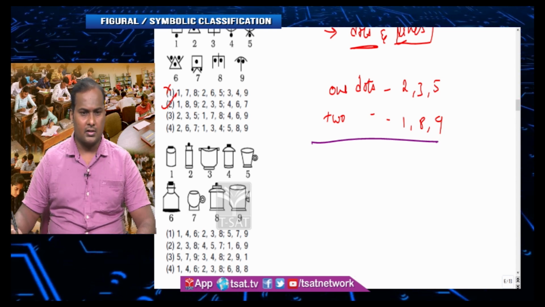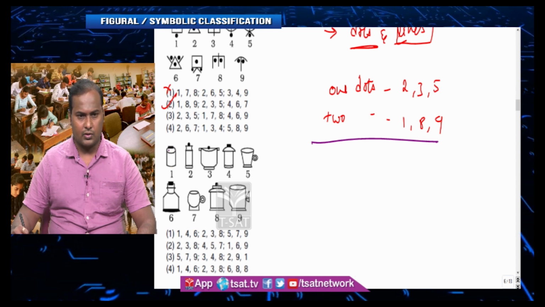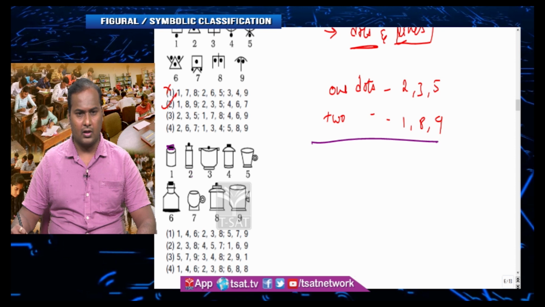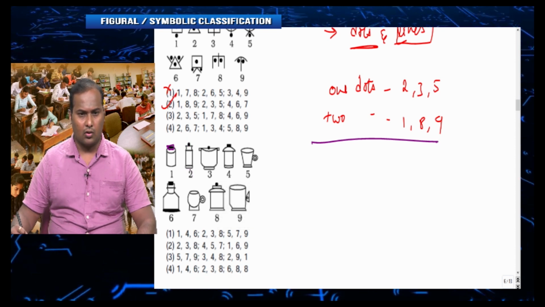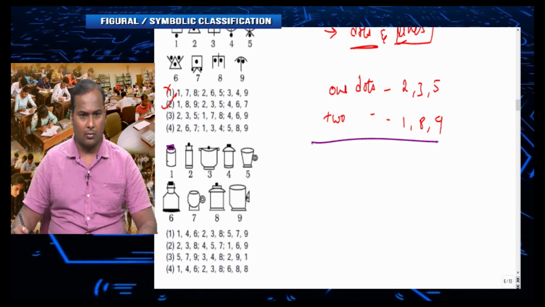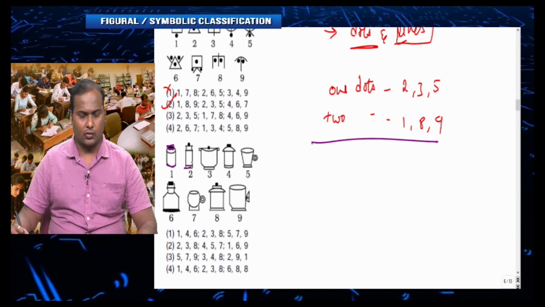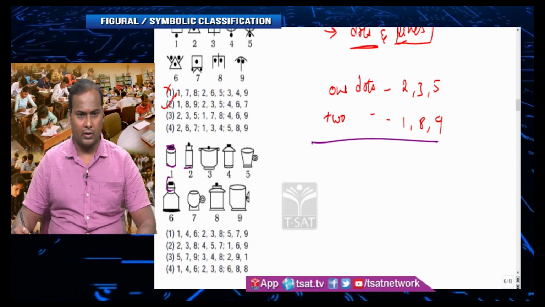So what I can consider is the top portion. In figure 1, the top portion is in the form of a square, whereas in figure 2, the top portion is having a dot. Moreover, in figure 1, the bottom is a bit curved, whereas in figure 2, it is quite straight. So what I can take is the top portion, that is this lid portion.